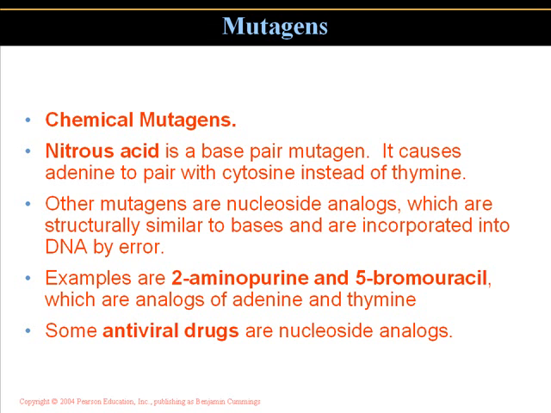So it's very important. Examples again of agents that may be used, 2-aminopurine and bromouracil. These are analogs to adenine and thymine. Some antiviral drugs utilize these nucleosides as analogs, and again, it will inhibit the growth of particular viruses.